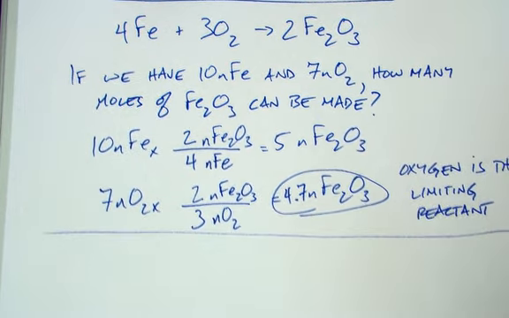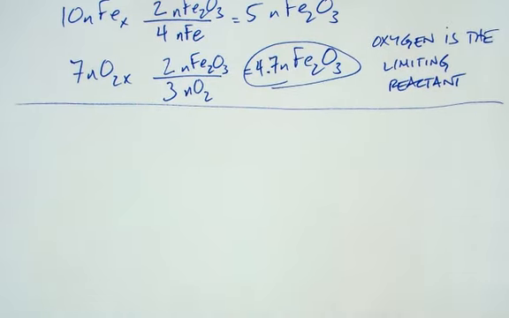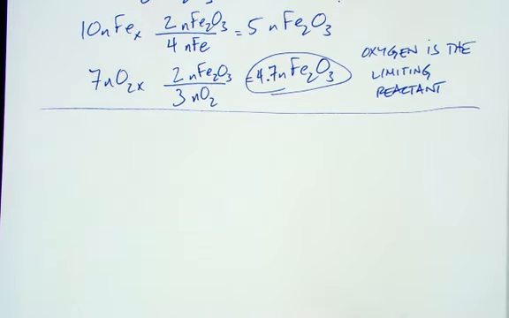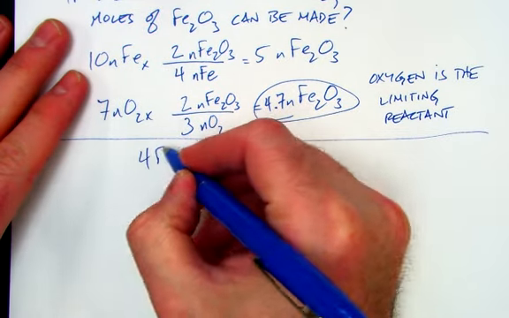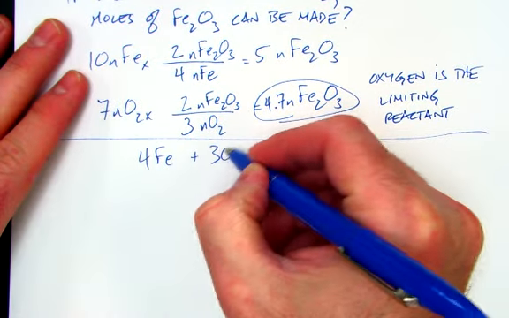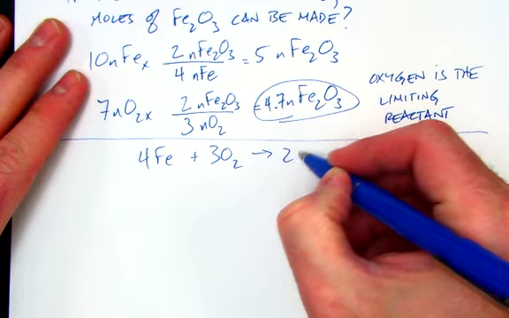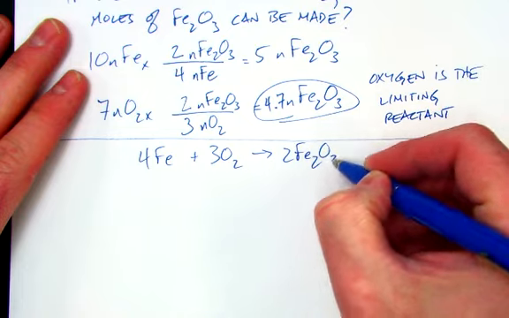All right. We're going to use the same equation and just make this a little bit more complicated, just slightly. And so we're still going to have 4 moles of Fe plus 3 moles of O2, going to 2 moles of Fe2O3, so we'll use that same equation.